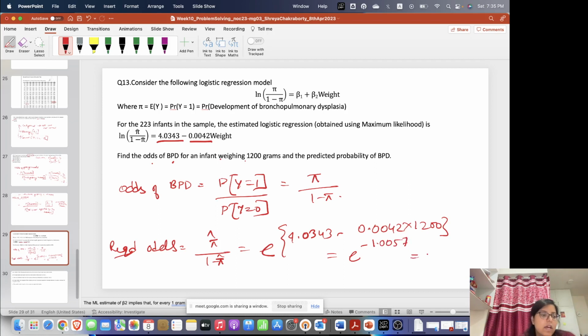This is coming out as 2.7182 to the power of that.